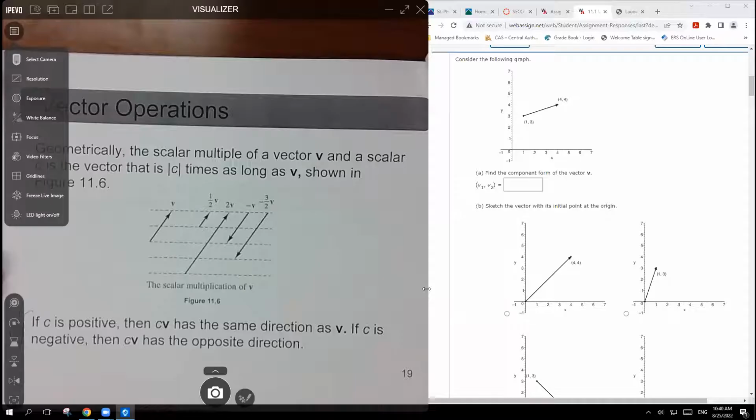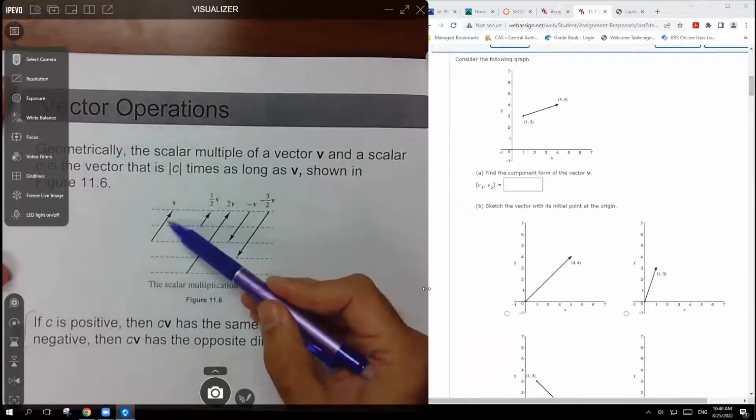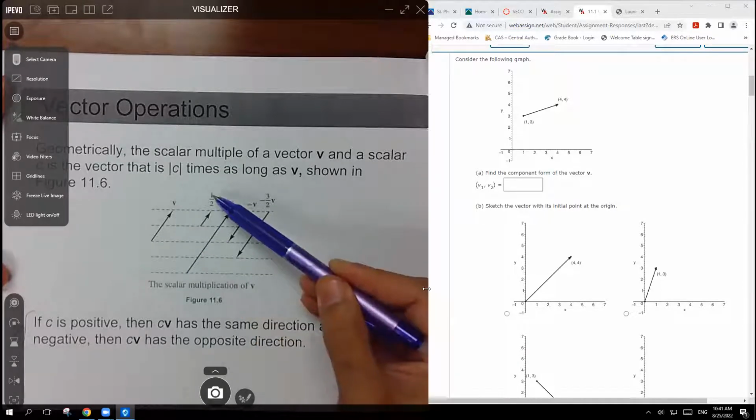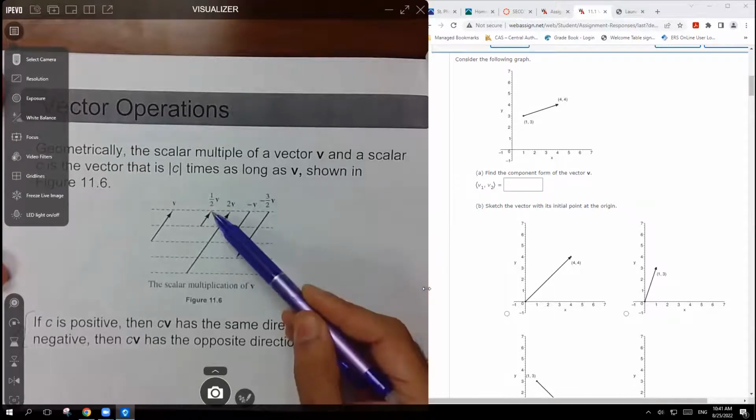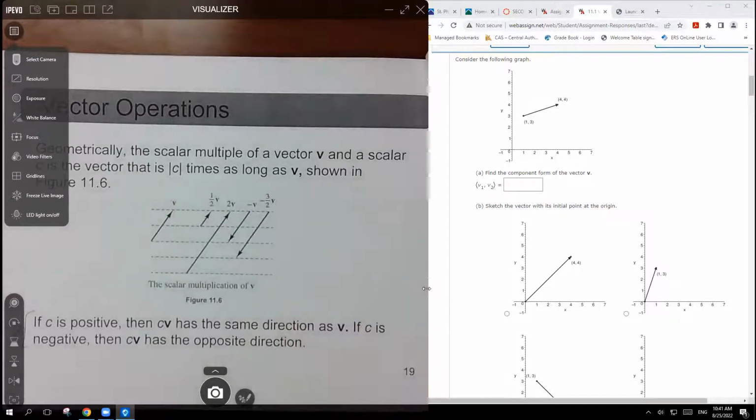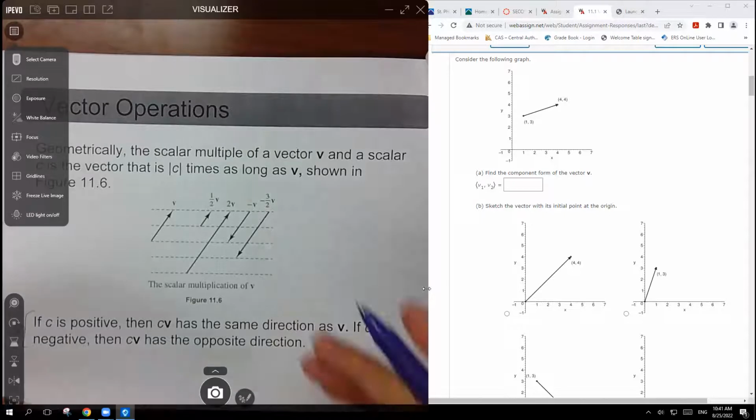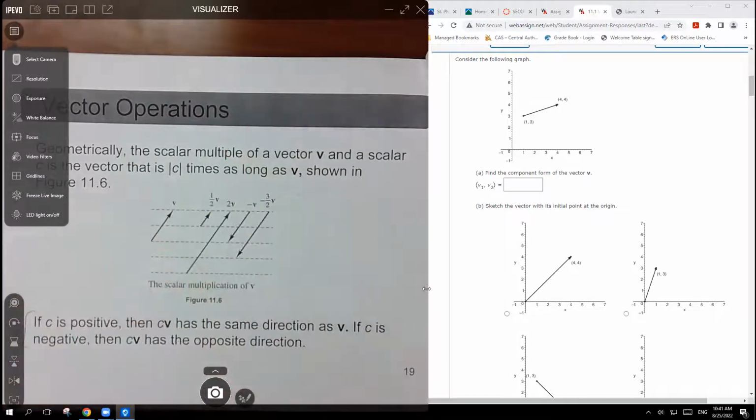With this example, if you have the vector V, if you multiply vector V by half, you're going to shrink the vector, because you're going to multiply by the scalar half.